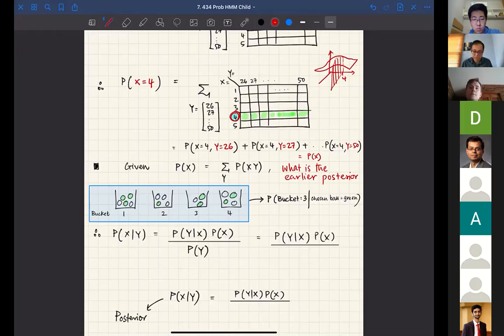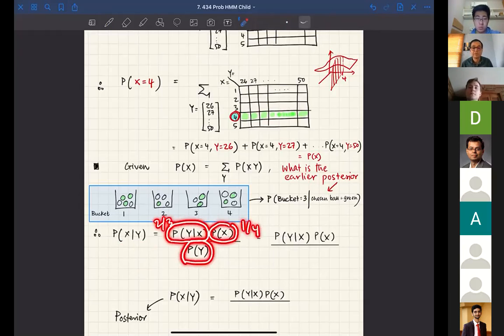Remember the problem that we were looking at: this is the posterior, probability of bucket equals 3 given chosen ball equals green. We had P of X given Y. This is the posterior. P of Y given X, this is the likelihood. This is the prior. Likelihood is 2/3, prior is 1/4, and we have PY, which we do not know.